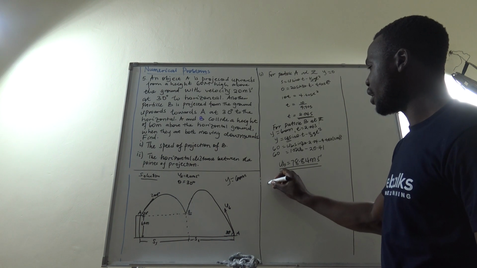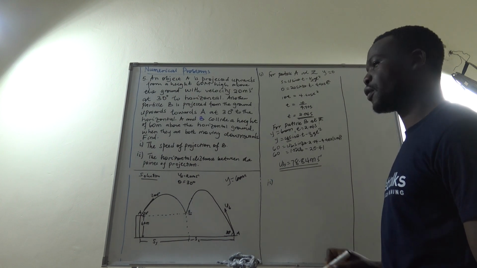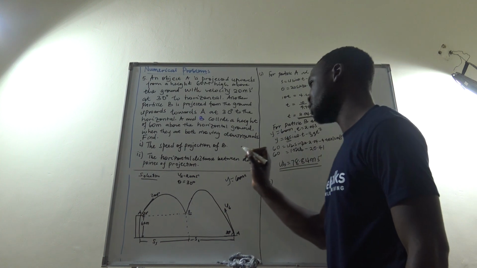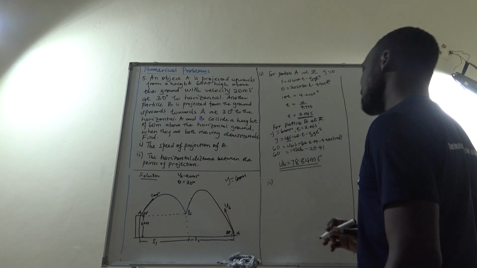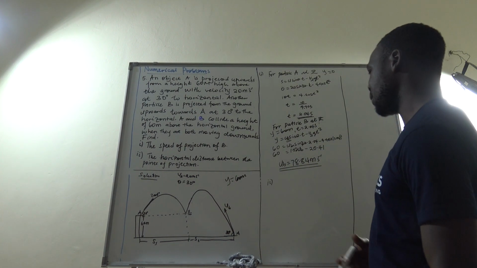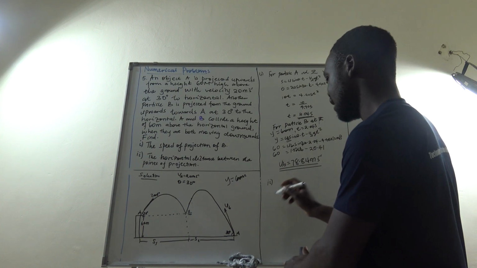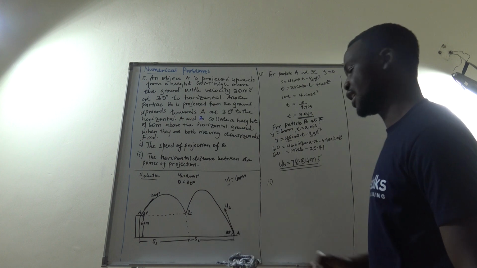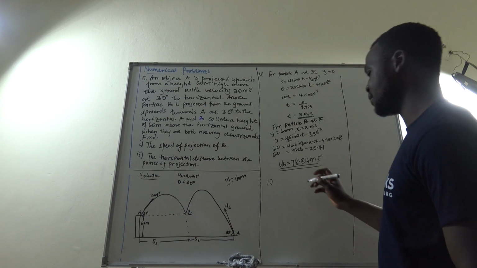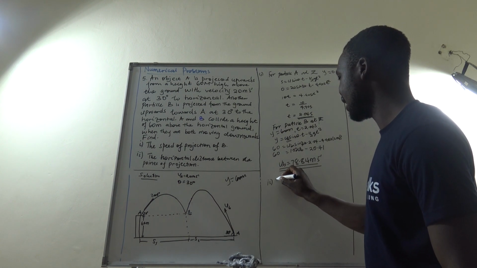Now, we have answered Roman numeral 1. Roman numeral 2 said the horizontal distance between the points of projection. Now, what is that horizontal distance? It is S1 plus S2, where S is standing for displacement here.